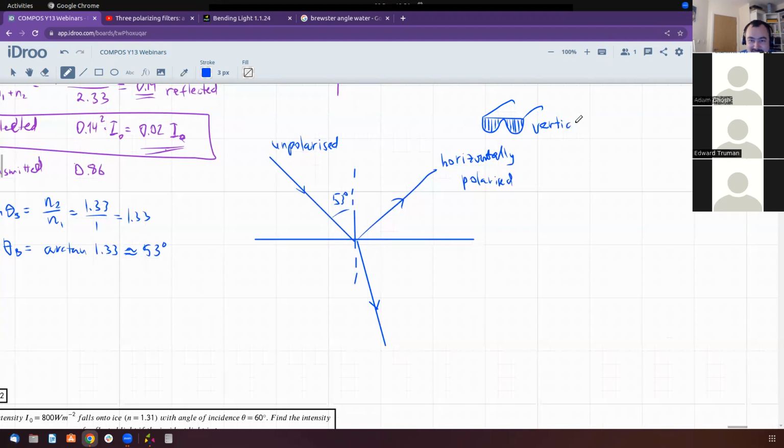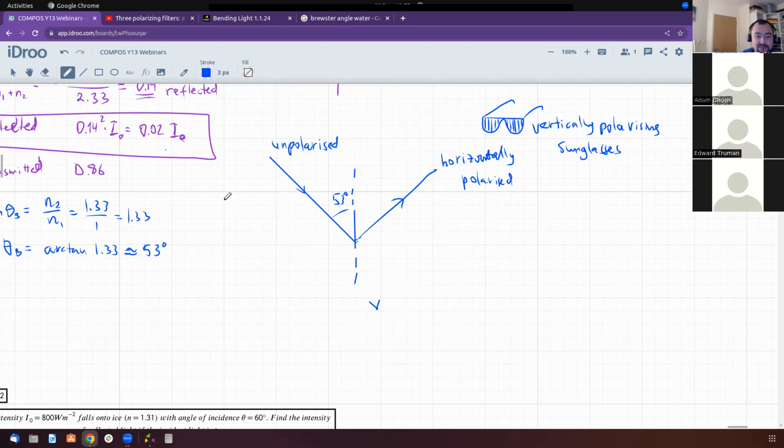Vertically polarizing sunglasses. And this is especially good for fishermen, anyway, people who like to sit on lakes, because if you don't see the reflection of the sun in the lake, you can actually see the fish inside, which is quite nice.